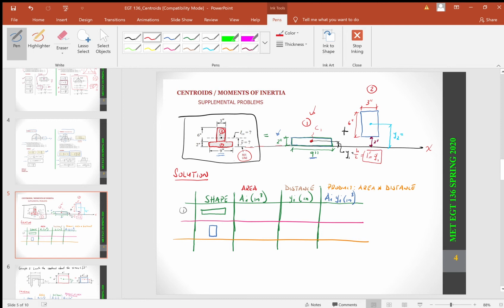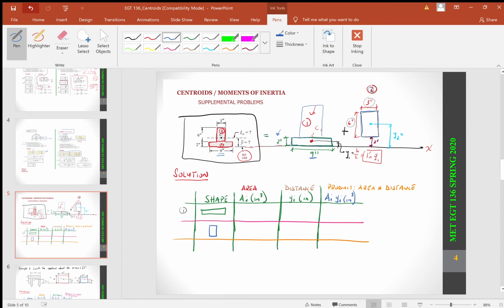Now, for geometric shape 2, this component here, as you look at the measurements, it's going to be a 6 by 3, right? Now, mind you, this geometric shape is being raised up by 2 inches. So in actual words, what I'm trying to say here is this piece, geometric shape 2, sits on top of geometric shape 1 by a distance of 2.